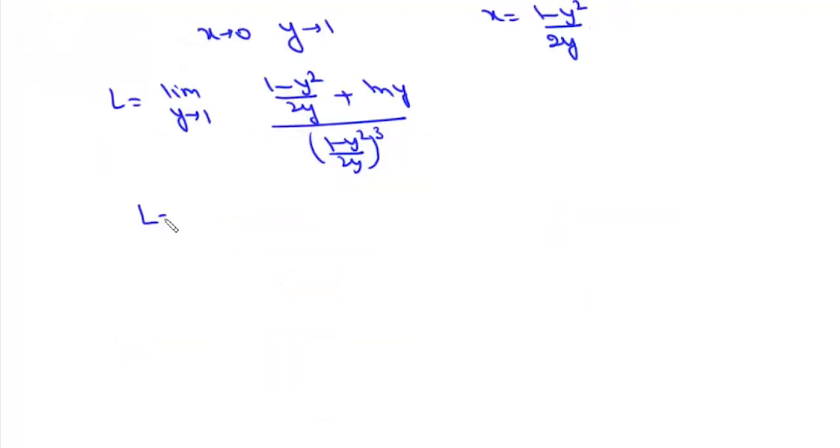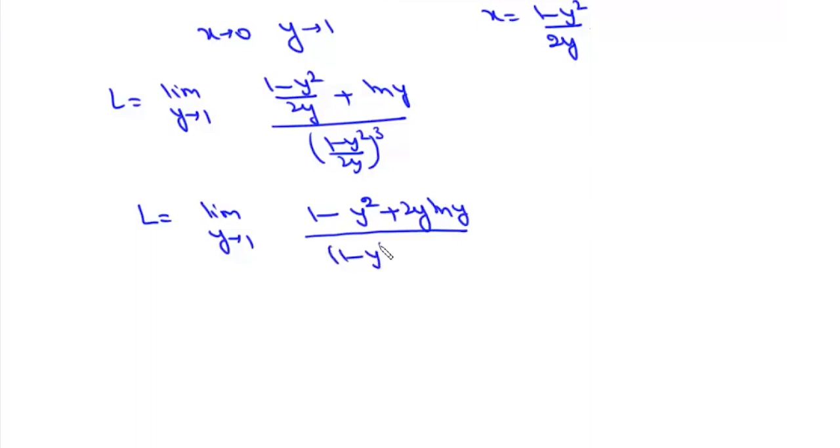Now we can write this as limit y tends to 1, this is 1 minus y square plus 2y log y, and here it will be 1 minus y square whole cube into 2y whole square.